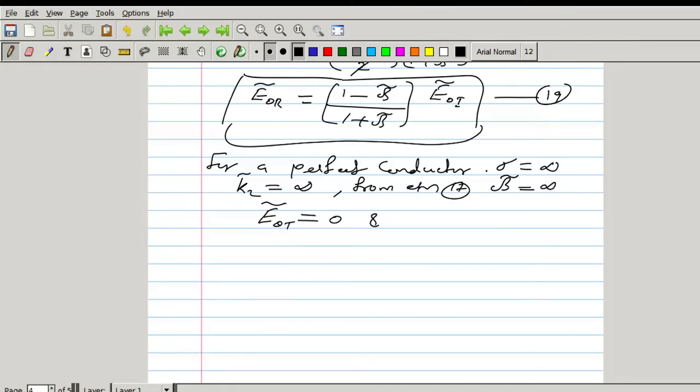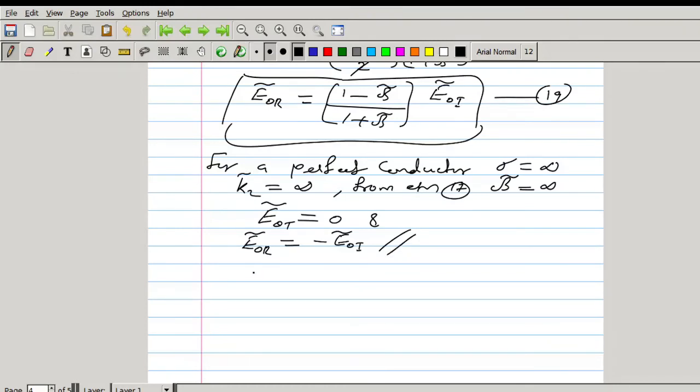And see this equation: if beta is a huge quantity, 1 minus beta will be minus beta, and 1 plus beta will be beta. So this will be minus beta by beta. Beta will cancel, so here we are having a negative sign. So E0r equal to minus E0i.